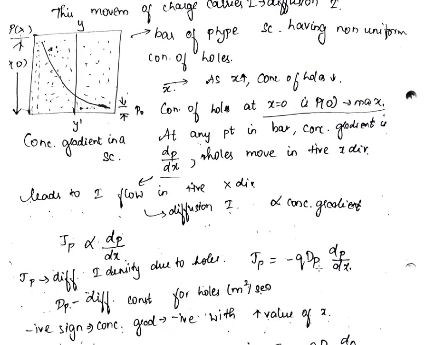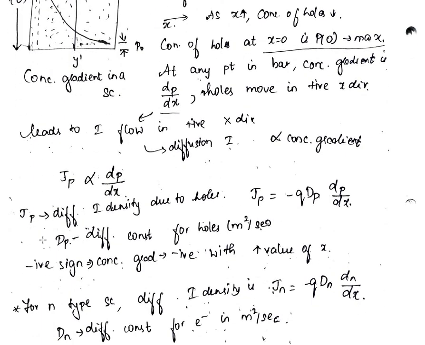Jp equal to minus Q Dp dp by dx. This is the diffusion current. The minus sign is there because as x increases, the hole concentration reduces. Dp is the diffusion constant, and dp by dx is the concentration gradient.